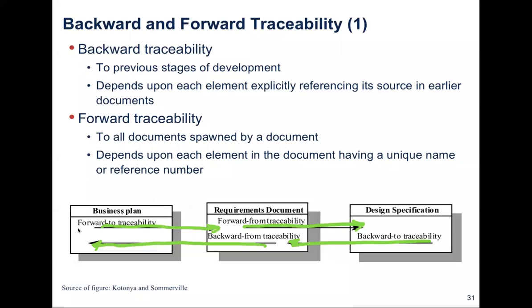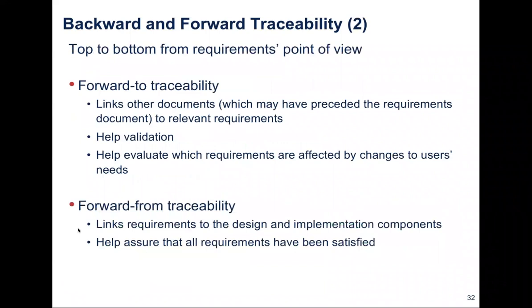So if we look from top to bottom from the requirements point of view, we could have forward-to traceability or forward-from traceability. Forward-to traceability links other requirements, which may have preceded the requirement document, to relevant requirements.